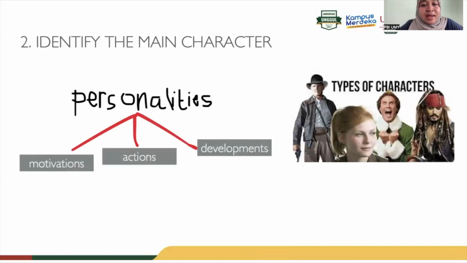Okay, from the characters, we can get information about their motivations or their goal that will be presented in the story, and their attempts in achieving the goal, and of course the developments. Some characters are changing, right? At the first one, he is the bad one, but in the middle of the story, he changes to be the better one. It happens a lot in some stories.